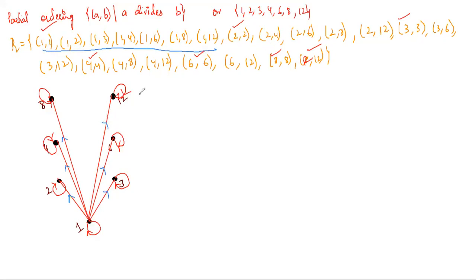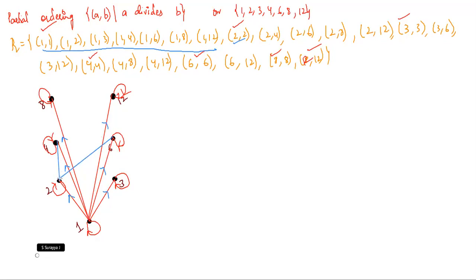Now for the next, we have from 2. 2, 2 is already done. So this is done. Next we have 2, 4, 2, 6 and 2, 8. So let's draw that. So from 2 we have 4, and then 2, 6, 2, 8 and 2, 12.